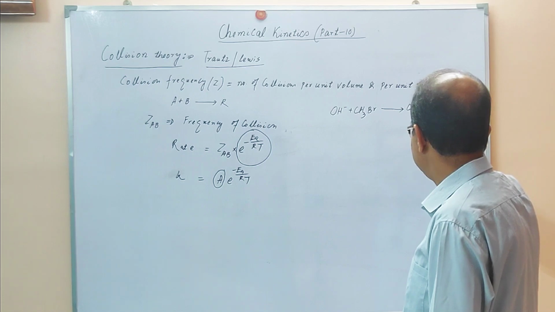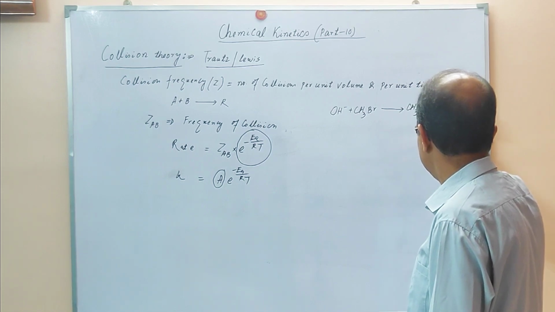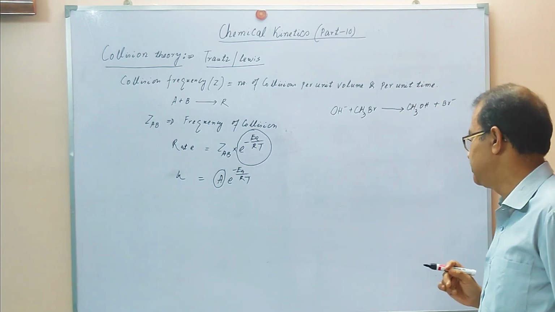This is the production of methyl alcohol from methyl bromide.